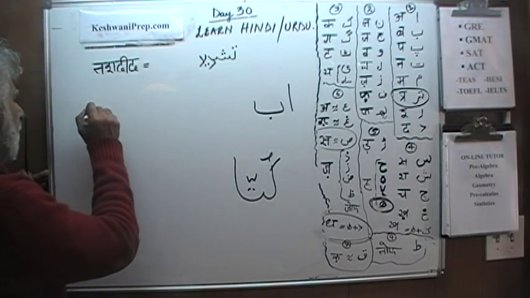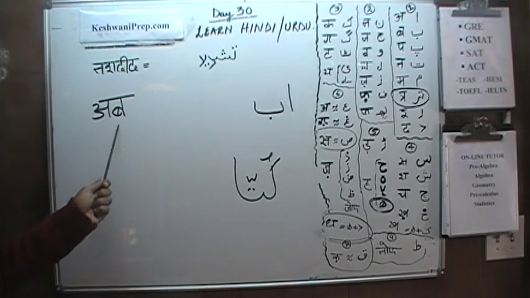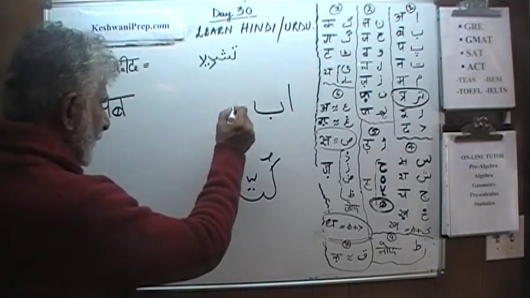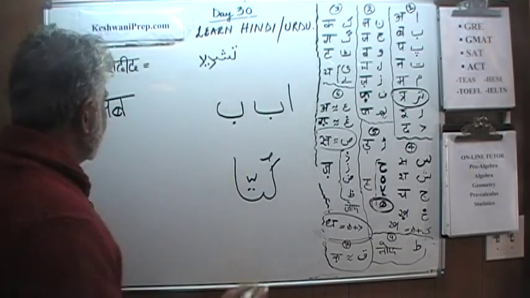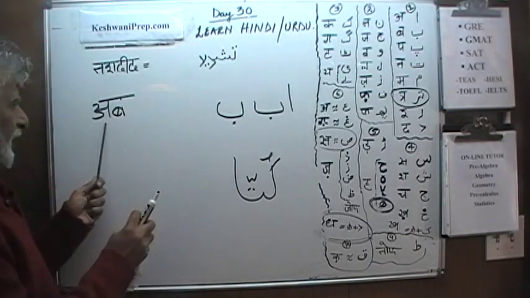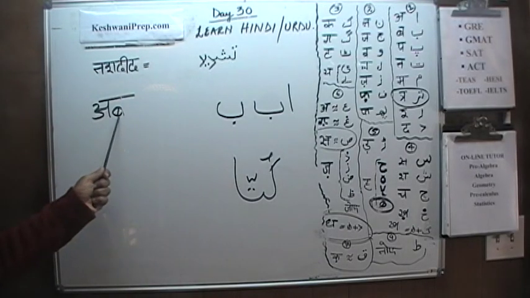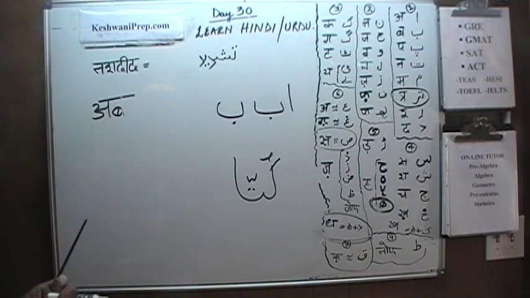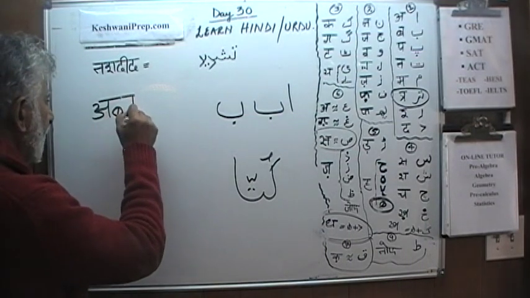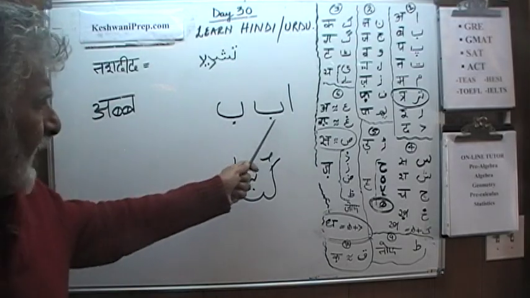But of course I shouldn't have written the ba like this, because we all know that this ba is going to be half, because we have another ba. So it's going to be half a ba. The first ba is not a ba, it is ab, because it's only half a ba. The next ba is going to be the full ba. So far it reads ab ba.